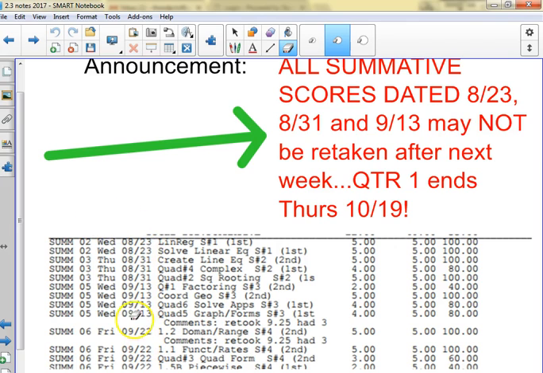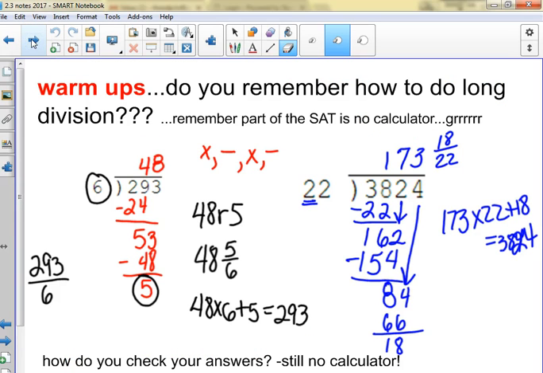In the grade book, it would be summatives, don't look at formatives, but summative scores from the 23rd to the 31st or the first quiz in September. So anything older than September 13th that's a summative that you still want to retake, you need to let me know this week, okay? Most of you are all up to date, so it's good.